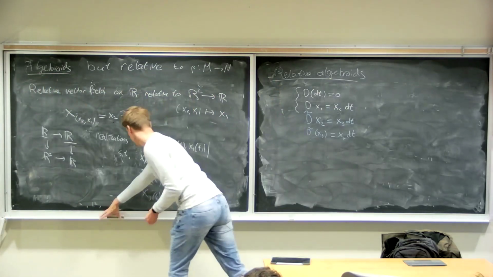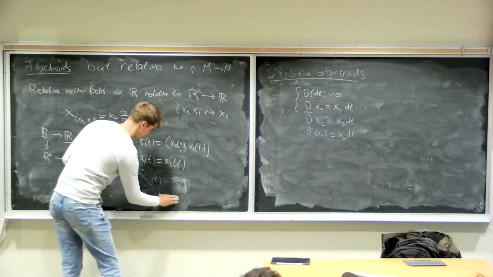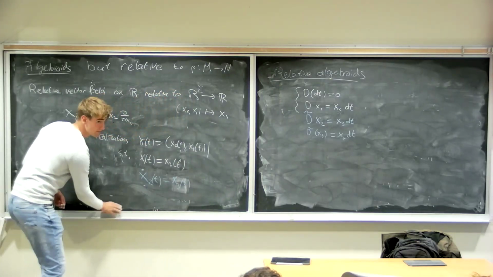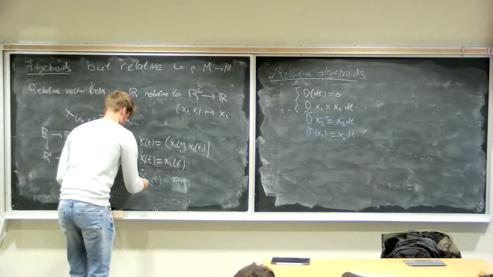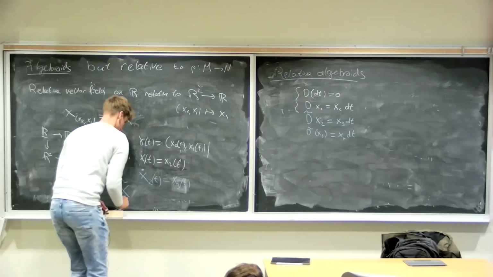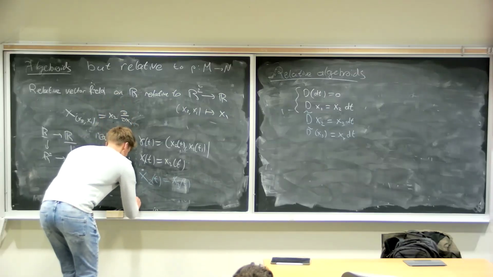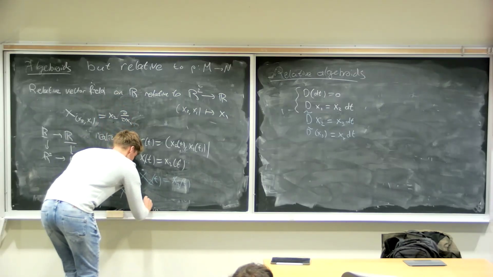So if we prolong on this step, we get a new relative vector field x tilde that now depends on x3, x2, x1.